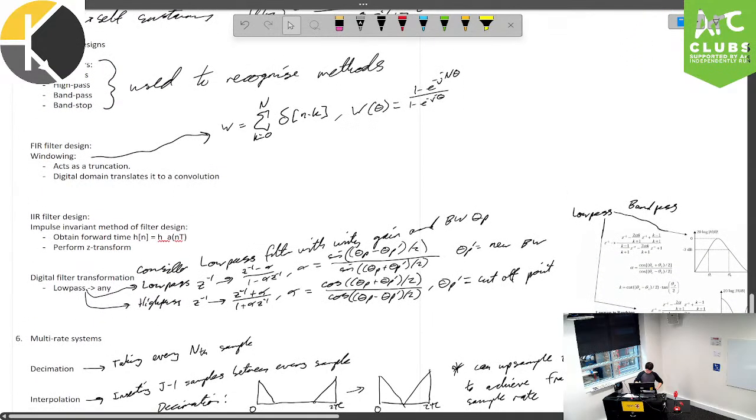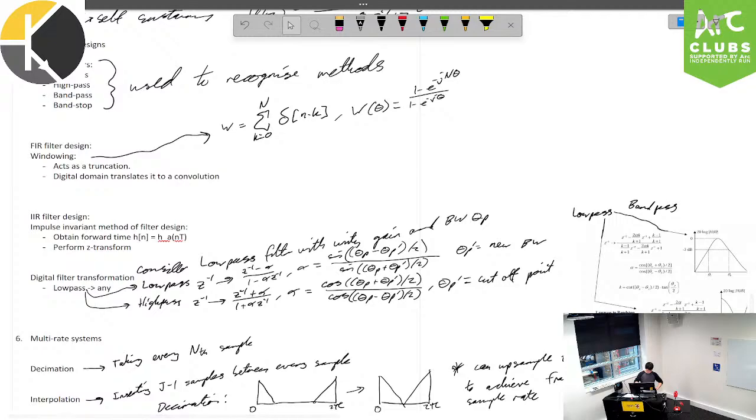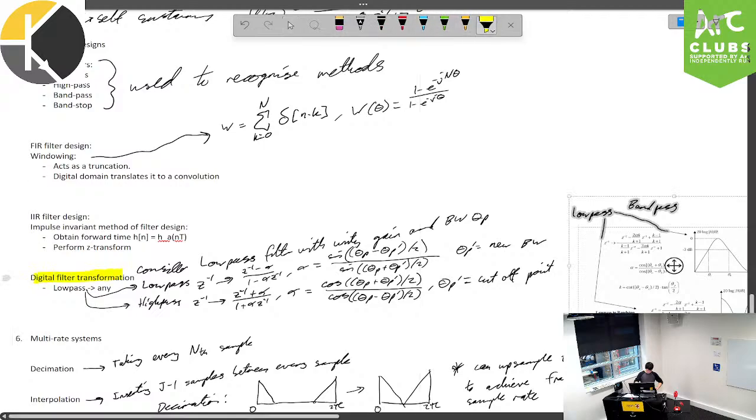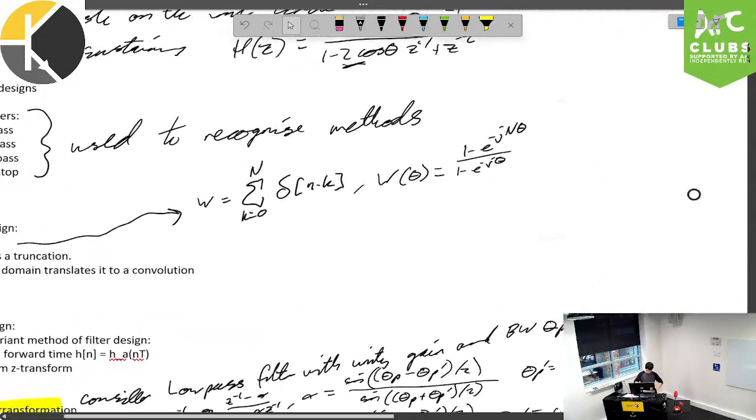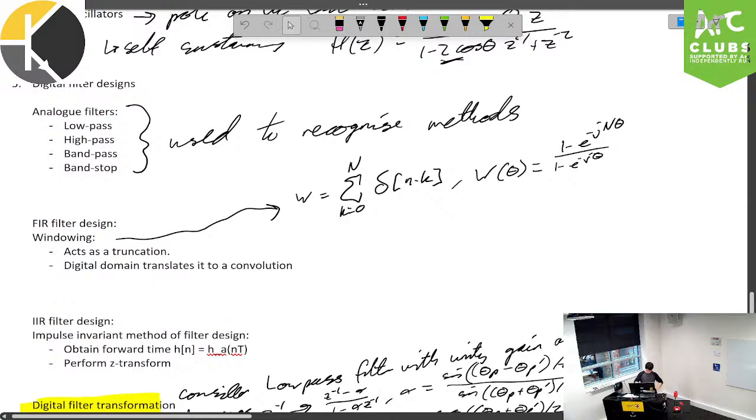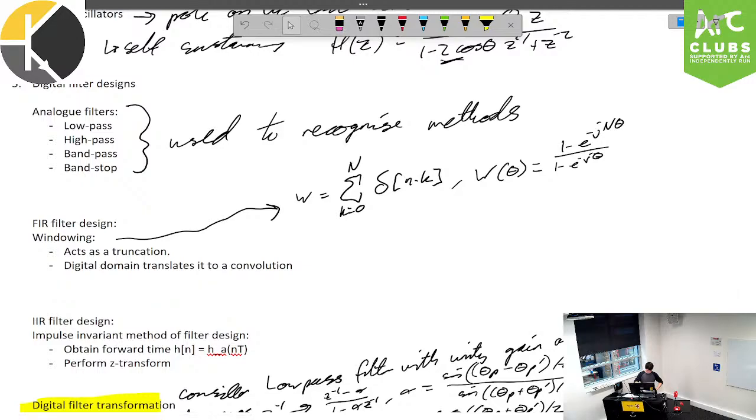But for the sake of understanding, it is just all about these manners of transformations, which we will cover within digital filter transformation. All right. So we use it to recognize certain methods we would use. Anyways, we're going to jump pretty much straight into where we deal with digital filter designing.